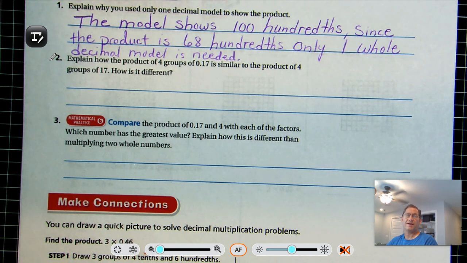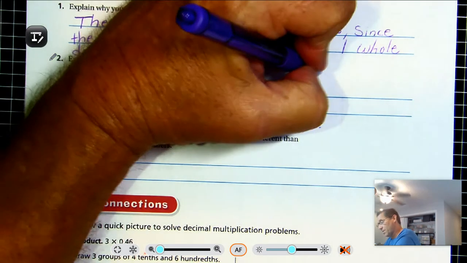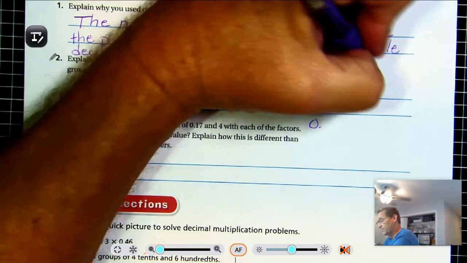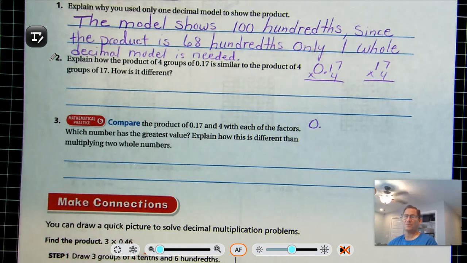Right, number two, explain how the product of four groups of 17 hundredths is similar to the product of four groups of 17. So one problem would look like that, and the other problem would look like this. Well, aren't those the same digits?